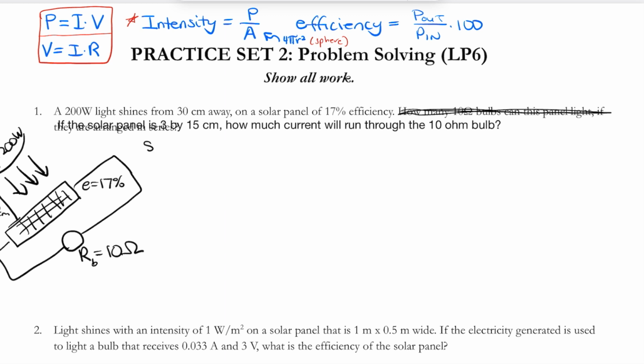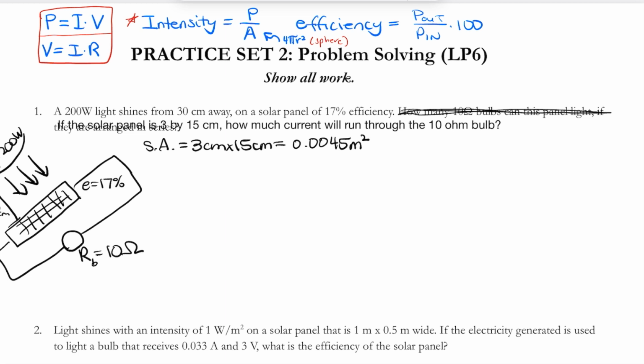We know that the surface area of the solar panel is going to be 3 centimeters by 15 centimeters, which is 0.03 times 0.15, or 0.0045 meters squared. I converted those. That's all the given information.